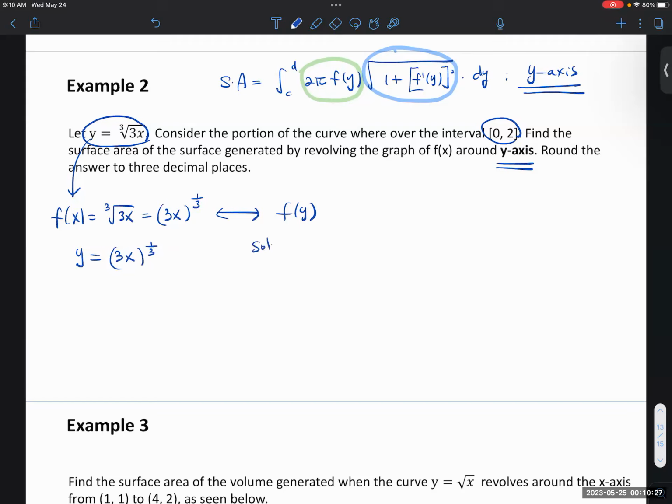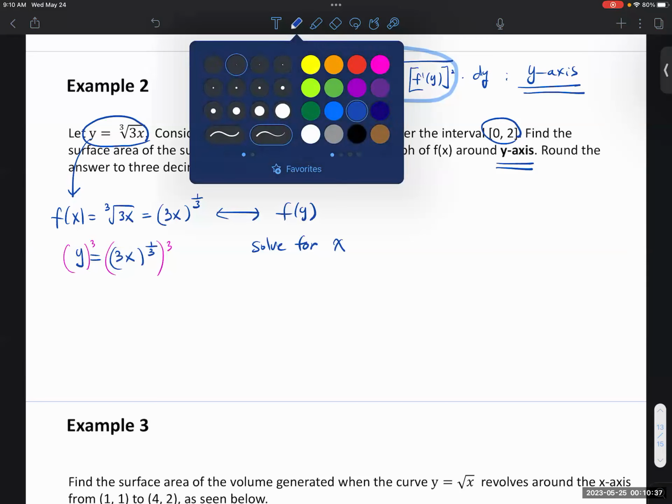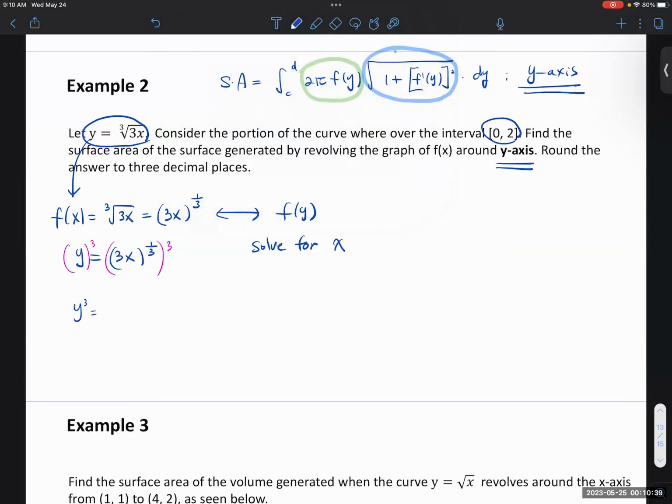Actually, we're going to solve for the opposite, x. So if you multiply y to the third, it's going to cancel, 3x. You're going to divide it by 3, y to the third over 3, that is x. So we have f of y is y to the third over 3.